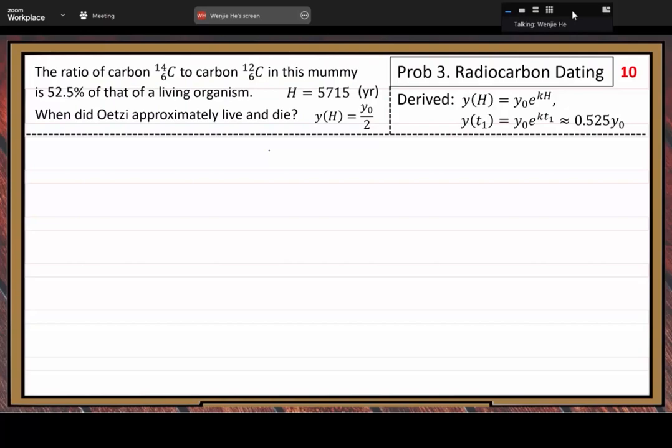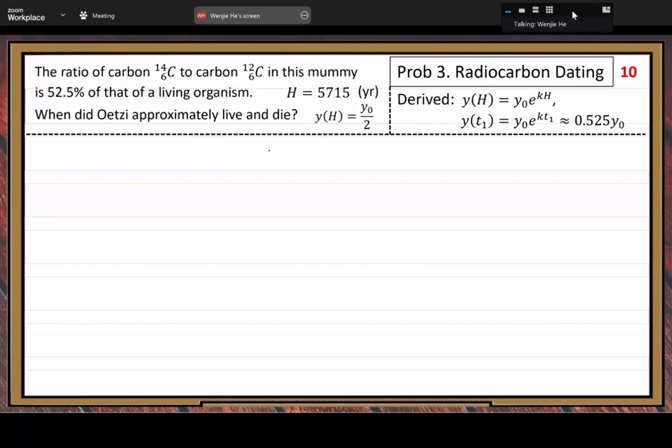How to find T1? Pretty easy, right? Here I want to explain the best way to find T1, although there are different ways.